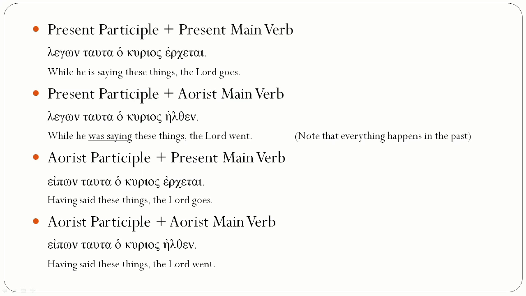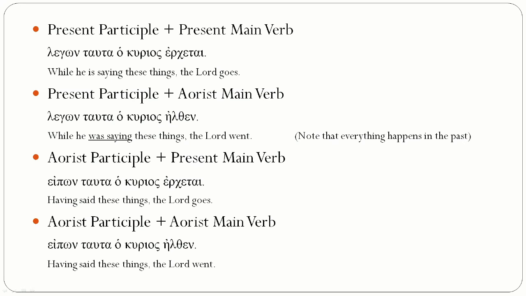That means this entire thing is happening in the present as far as time goes, and the participle is happening at the same time as the main verb. And here we have legon tauta, ho kurios erchetai. The main sentence there, ho kurios erchetai, the Lord goes, or the Lord is going.